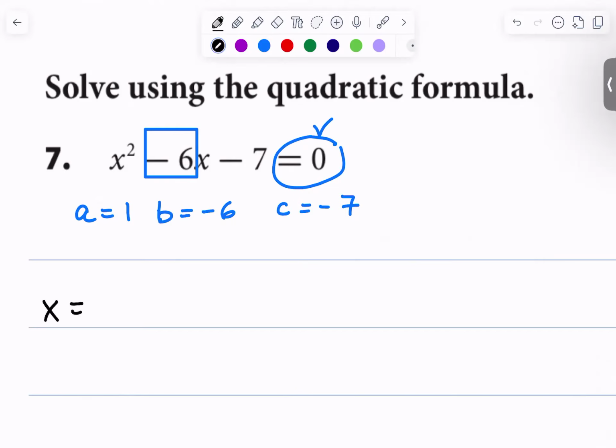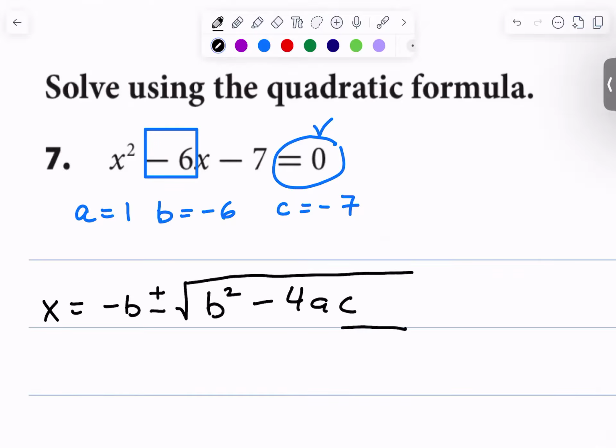So remember the quadratic formula. x equals -b plus or minus square root b squared minus 4ac all over 2a.